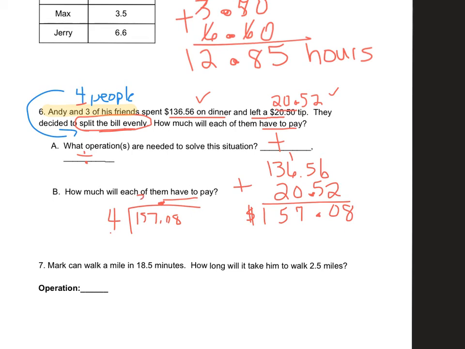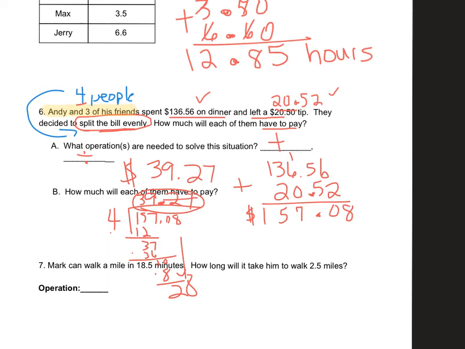Well, I know that 4 goes into 15 3 times, and that gives me 37. 9 times 4 is 36, and that gives me 1 left over with 10. 4 times 2 is 8, so if I subtract that, I get 2, bring down my 8, and 4 times 7 is 28. So it seems like they each had to pay $39.27, almost $40 a person.